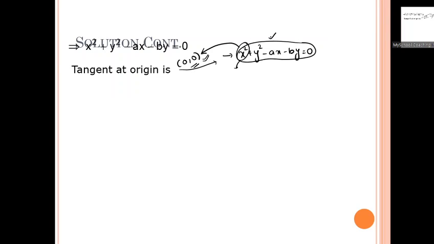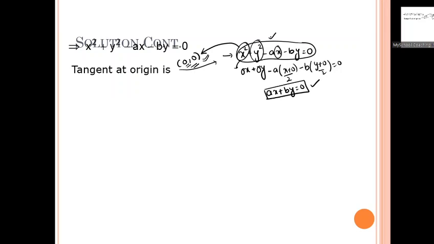So x square becomes what? 0x, x x1, x1 is 0, right? y square becomes 0y. Minus a times x becomes x plus 0 by 2. Yes or no? y becomes y plus 0 by 2 equal to 0. So effectively what do you get? Simplifying, you can simplify it to this point. You're getting ax plus by equal to 0.